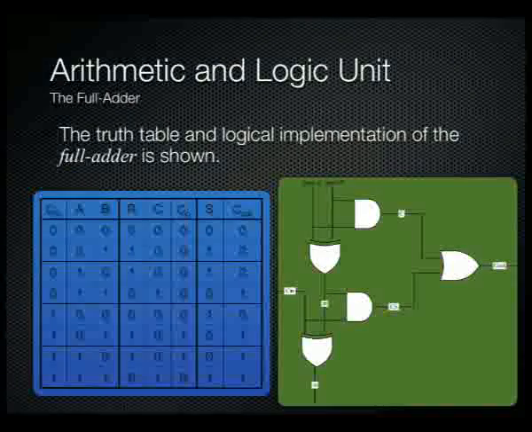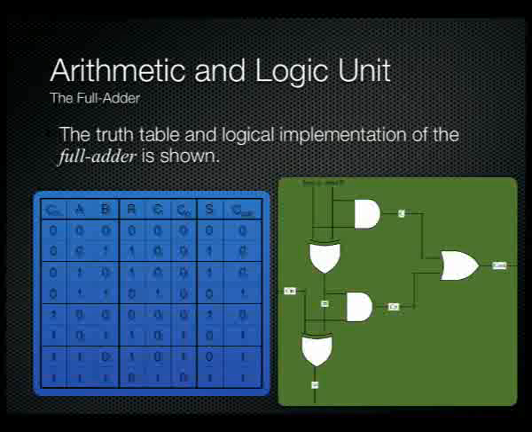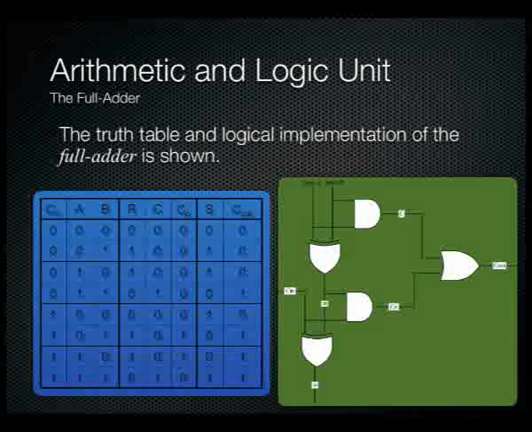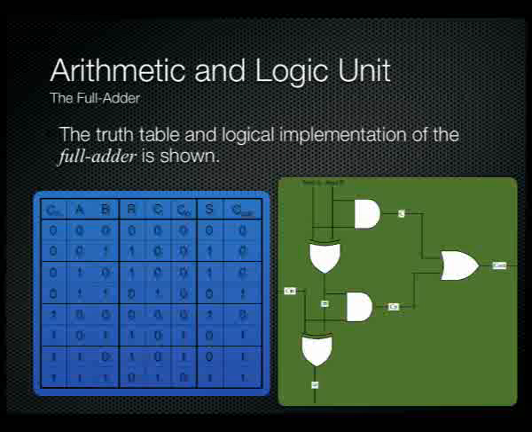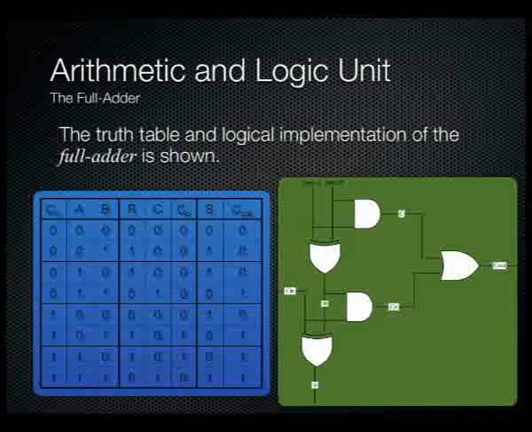So you can see that the full adder effectively consists of 2 half adders in which the carry bits are ORed together. The first half adder adds the 2 inputs together and passes that result down to the next half adder, which then adds the carry bit to that result and passes that value out as the full sum.